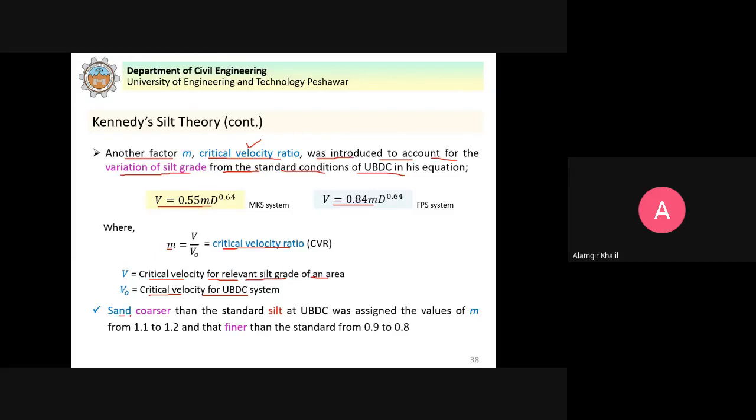Now, sand coarser than the standard silt at Upper Bari Doab Canal was assigned values of m from 1.1 to 1.2, and that finer than the standard, from 0.9 to 0.8. For silt of the Indus River in Sindh, m is equal to 0.7.